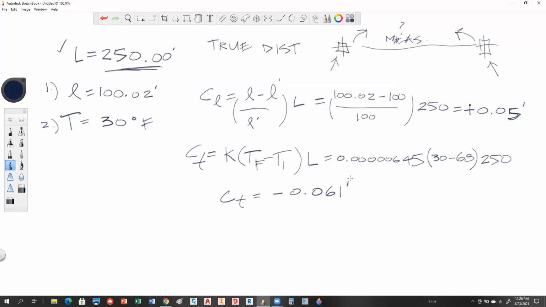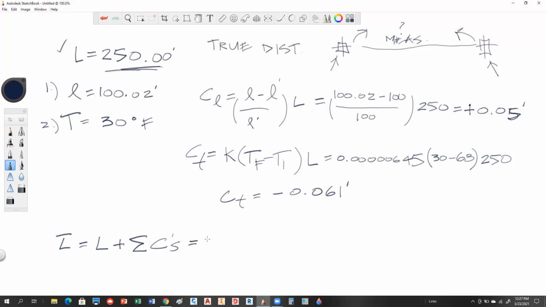Yeah, that's good. Okay, so the true distance is equal to the measured distance. Actually, let me write this differently. The true distance is equal to the measured distance, or you might think of that as the recorded distance, what you wrote down out in the field, plus the summation of corrections, okay? So summation means I'm just going to add these guys algebraically, okay?